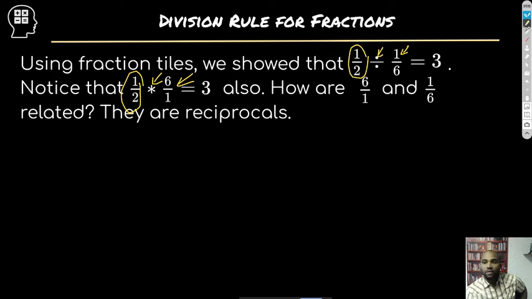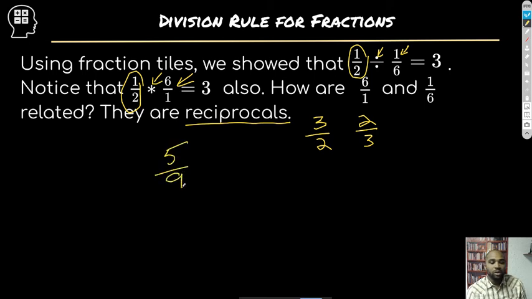How are 6/1 and 1/6 related? Well, I don't know if you've heard this word before, but they're reciprocals. Reciprocals: anytime you have a fraction, let's say 3/2, and you want the reciprocal, you simply swap the numerator with the denominator, making this 2/3. Or if I had 5/9 and I asked what's the reciprocal of that number, you would easily give me 9/5.